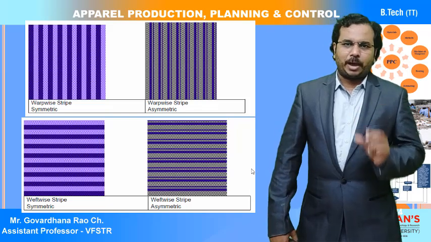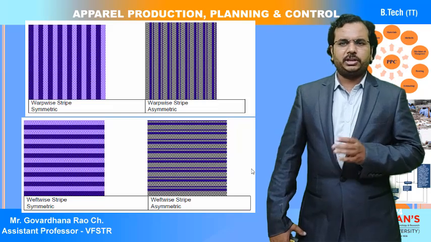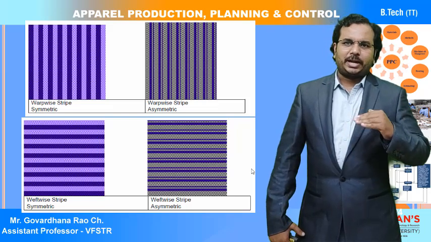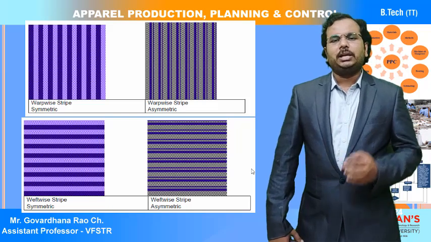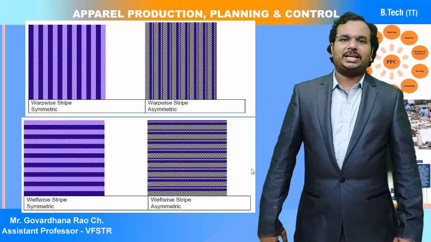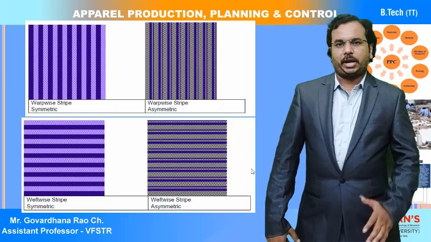For these types of fabrics, whether in the warp way direction or in the weft way direction, if the pattern size, that is the color size, is equal, then we call them symmetric patterns or symmetric stripe patterns.